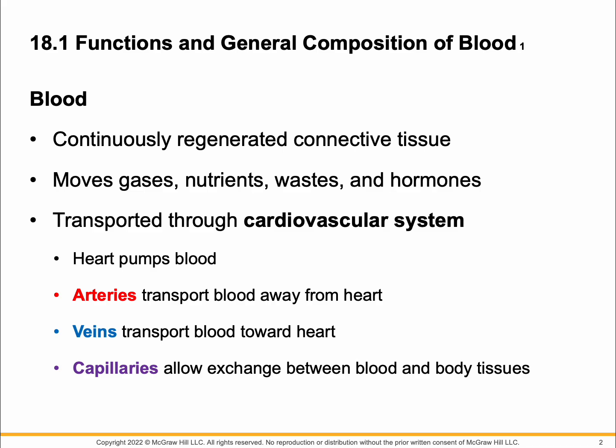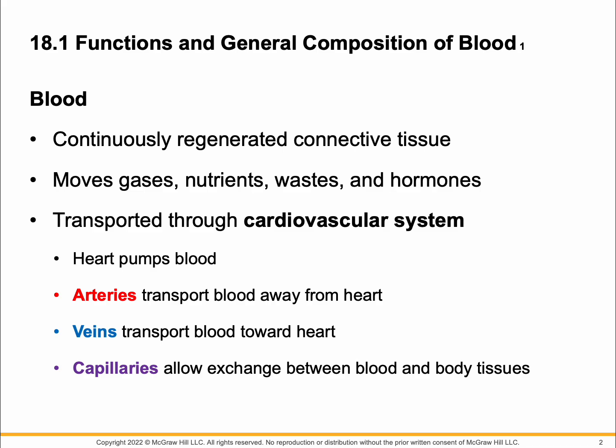The blood is largely involved in transport, right? That'll be one of the main things that we talk about. But we'll talk about it in the role of the immune system. We'll talk about it in terms of coagulation, right? So forming clots of blood, so as to prevent massive hemorrhage, right? And then we know that blood is circulated via the heart, and then it moves out through our different vessels, arteries, veins, and capillaries.